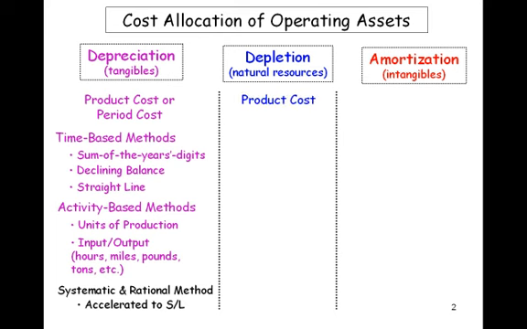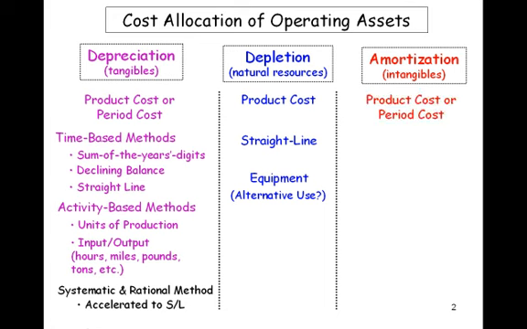As described in the previous chapter, depletion is added to the cost of inventory as a product cost. Natural resources are depleted on a straight line basis. When equipment is involved, you'll recall what was described in the last chapter about whether the equipment has an alternative use.